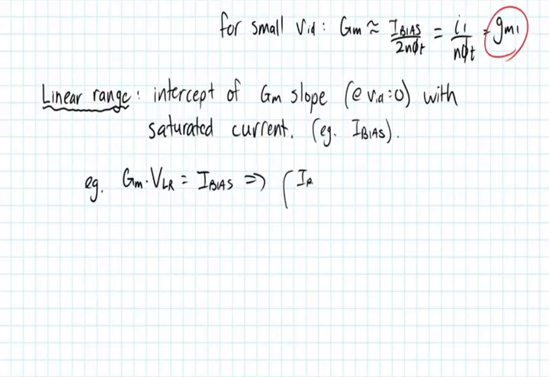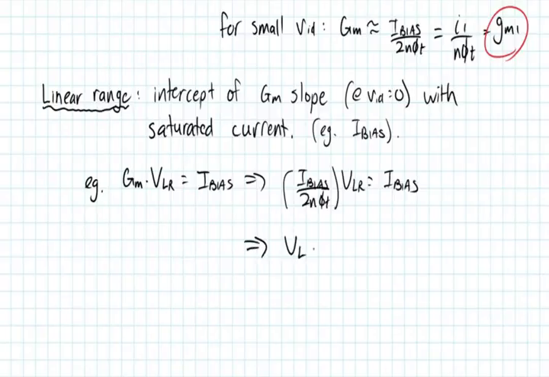That's I bias over 2 n phi t times the linear range voltage. That's equal to I bias. And what this implies then is that the linear range of our amplifier, VLR, is equal to 2n phi t, for this particular example, for a subthreshold differential amplifier with single-ended output.